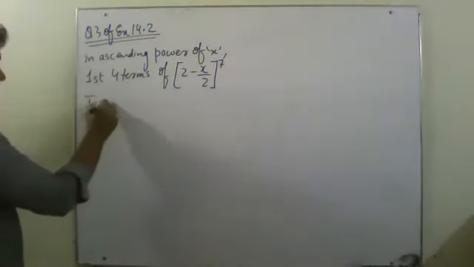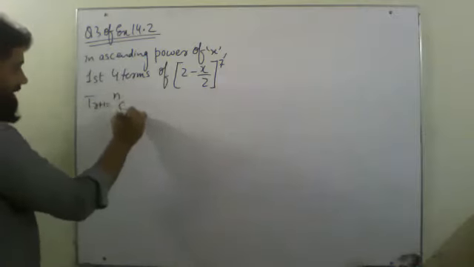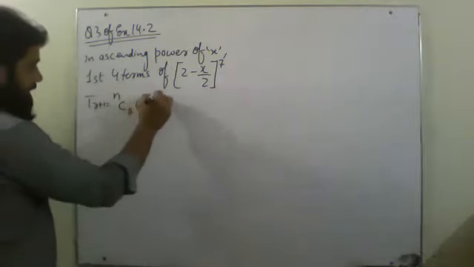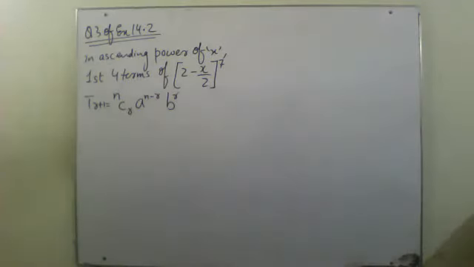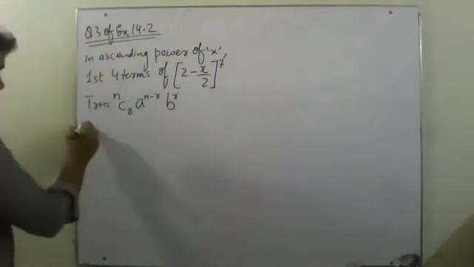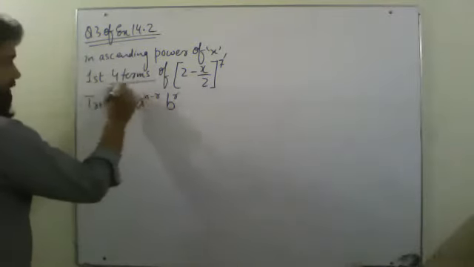Now the formula: T(r+1) equals nCr a^(n-r) b^r. I need the first four terms.